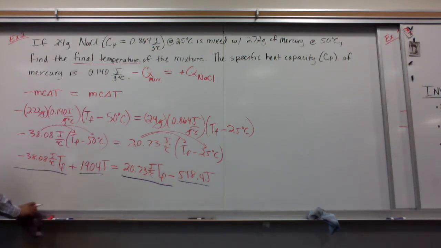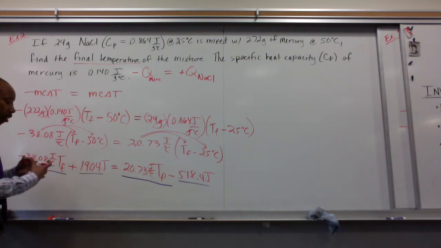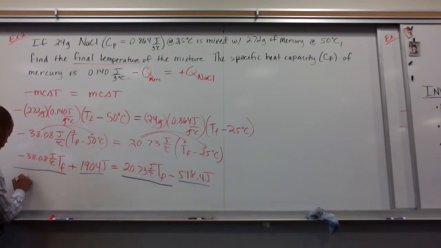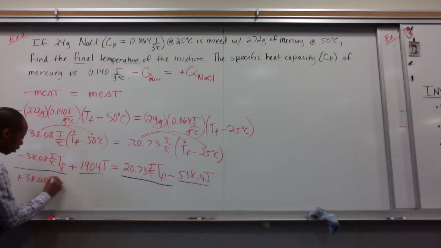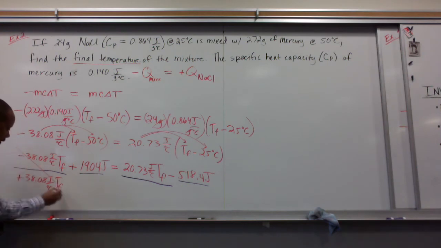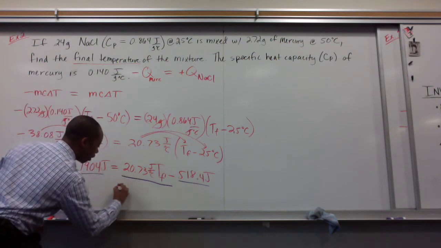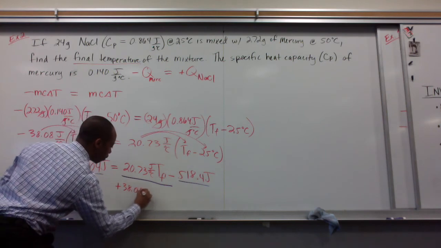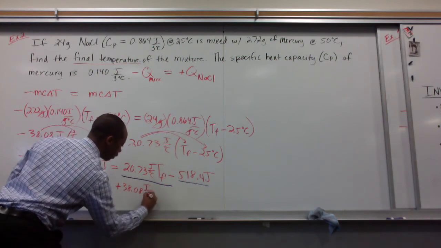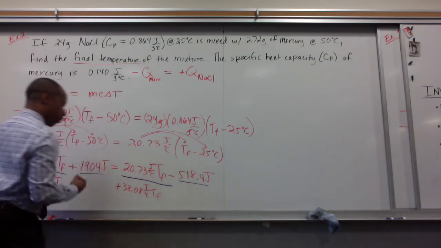So what I'm going to do is isolate my variable. I want to isolate TF. First I have to combine them though. I want to keep it on the positive side, get these negatives out of here, so I'm going to add this negative to both sides. So plus 38.08 joules per degree Celsius, TF, which cancels it from this side, add it to this side, plus 38.08 joules per degree Celsius, TF.